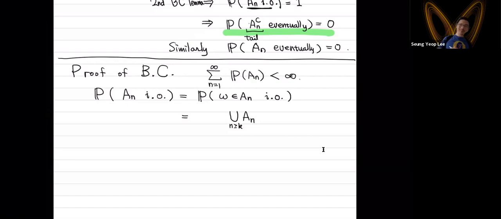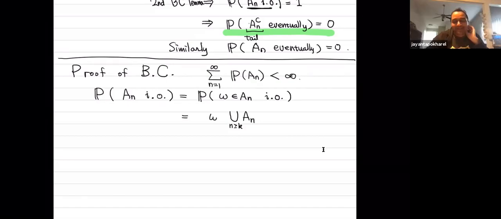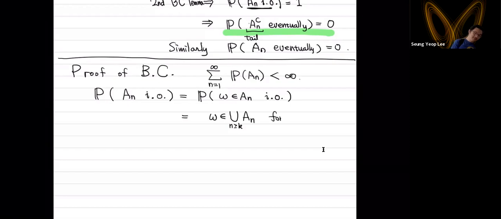That should simply be yes, right? It belongs to this union for any k, for all k. So if omega belongs to A_n infinitely often, then it belongs to this infinite union for any k.